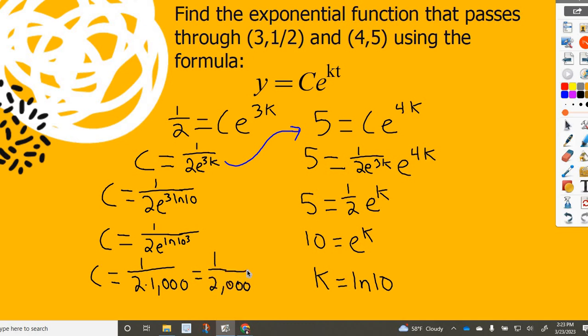It's a big looking number, but it's actually a small number. What does that look like as a decimal? Point something, something, something five.